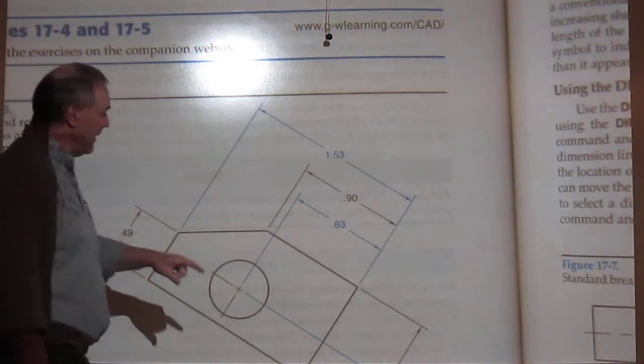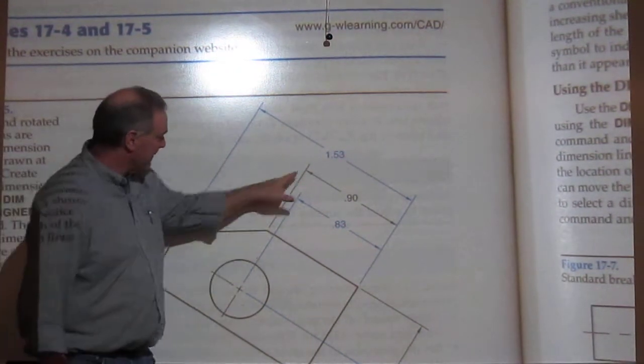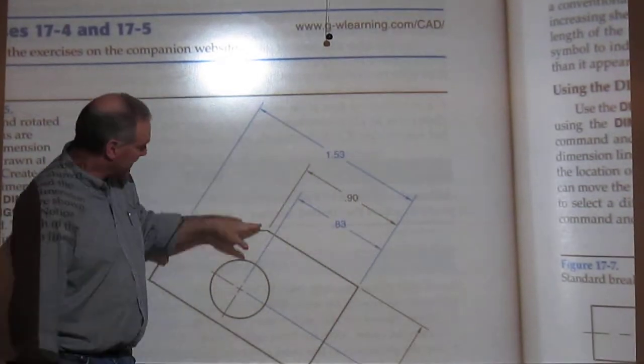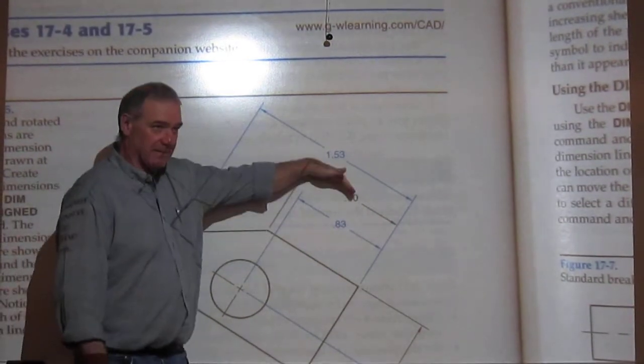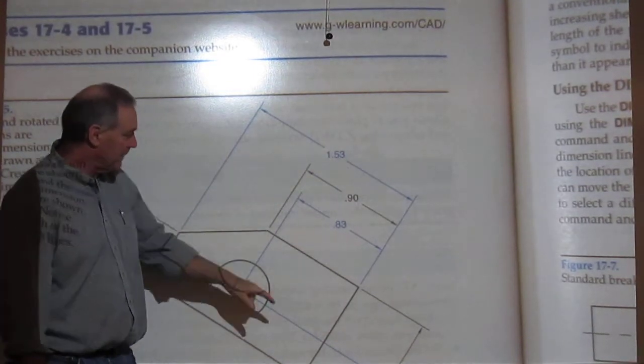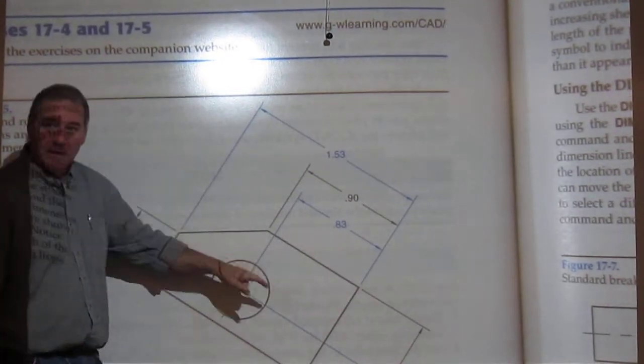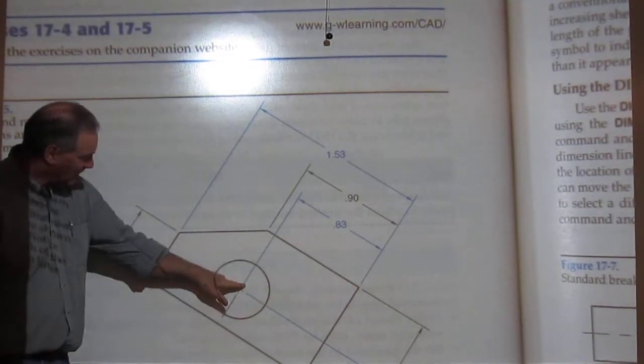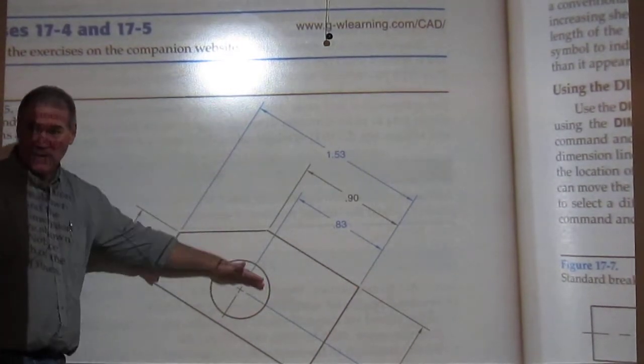So what it's meant for: if you use a straight line distance like this 90, where it's horizontal, you can use dim align because it's going to rotate to that angle. Now, when you want something where your endpoints don't match up, if I use dim align, it's going to line from there to there, and it's going to come on this angle, right?